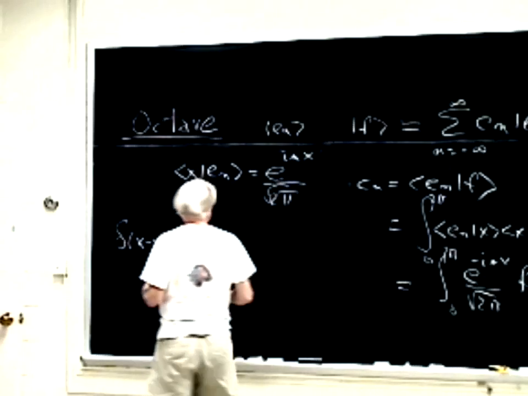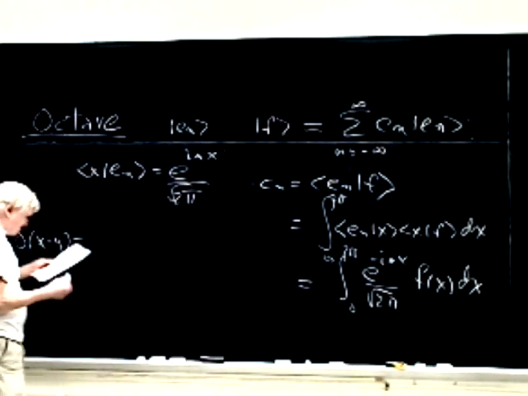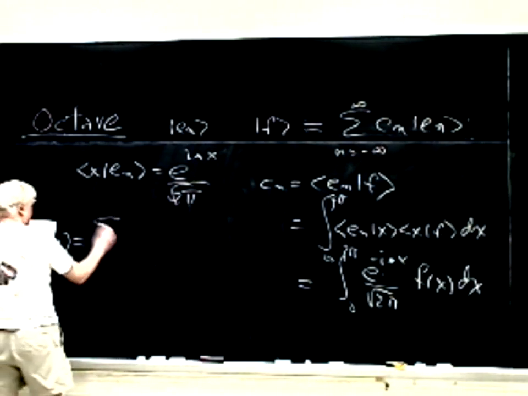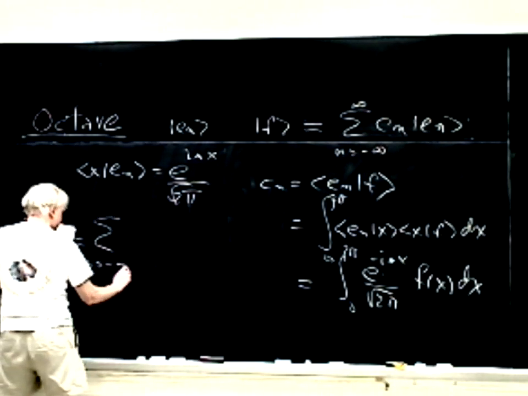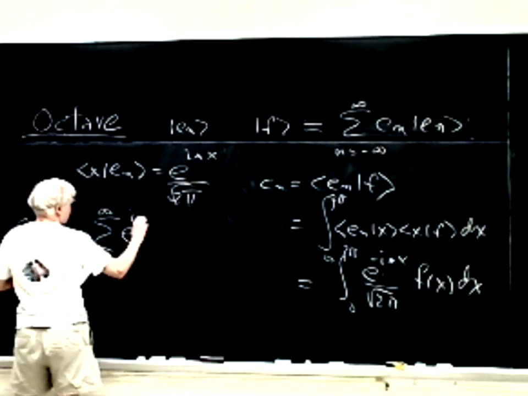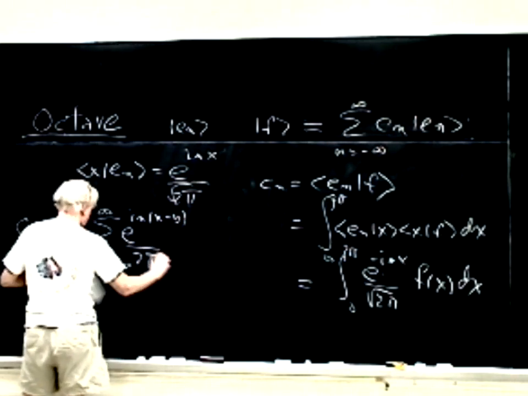So for this particular interval, 0 to 2 pi, and the functions that are suitably smooth, the Dirac delta function can be written as the sum from n equals minus infinity to plus infinity of e to the i n (x minus y) divided by 2 pi.